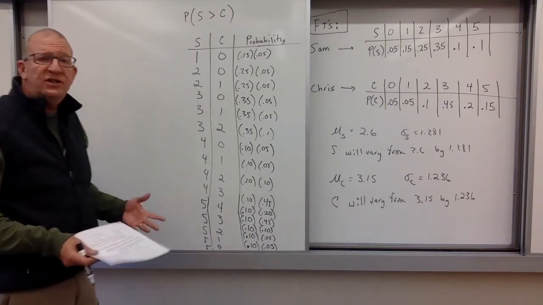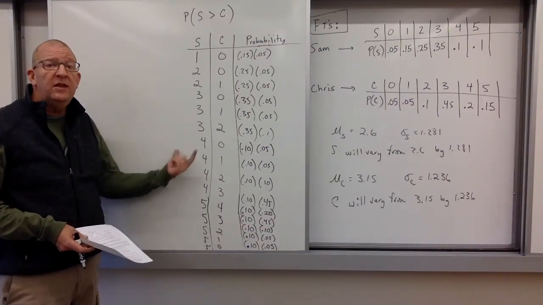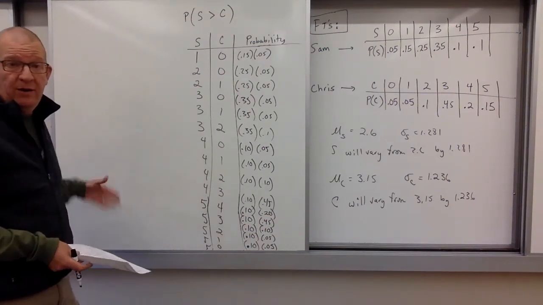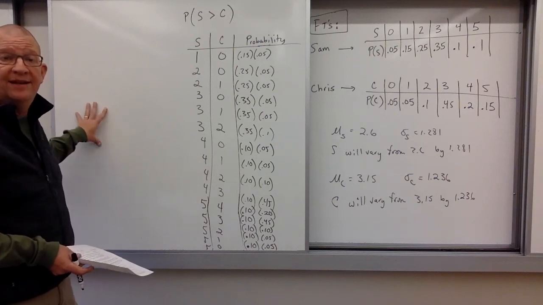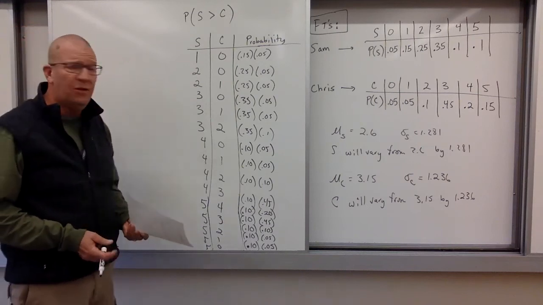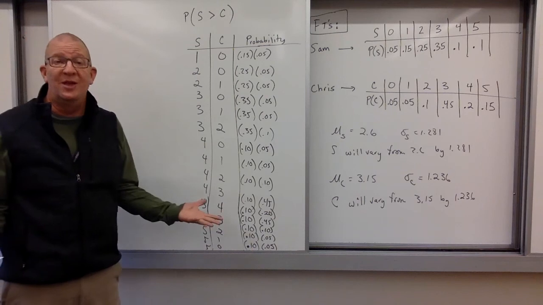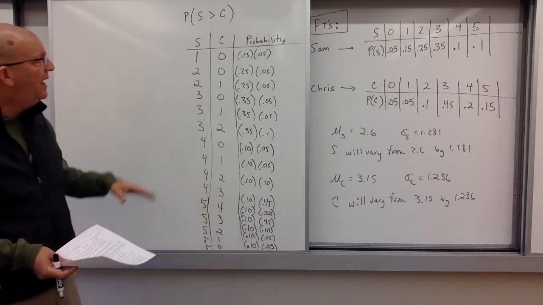If the question is, find the probability that Sam makes more than Chris, these are those outcomes. Now, there's a lot of other outcomes where Chris makes more than Sam. Then there's even a few outcomes where they make the same. There's actually 6 outcomes where they make the same.